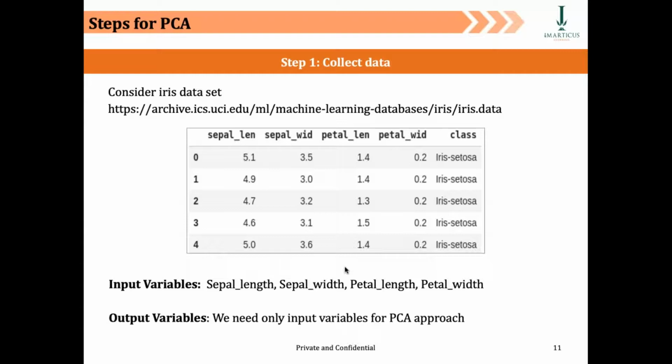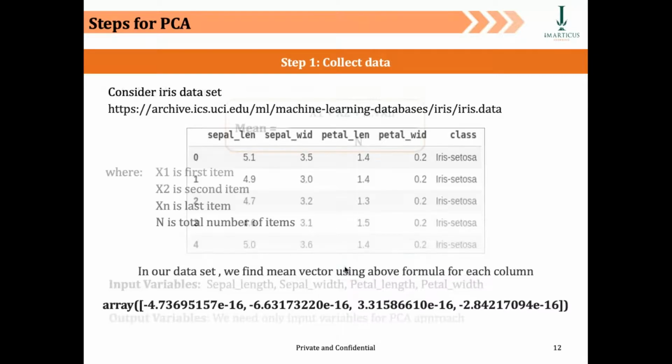The input variables are sepal length, sepal width, petal length, and petal width, which contribute to the class. We can take these input variables and apply PCA on them.